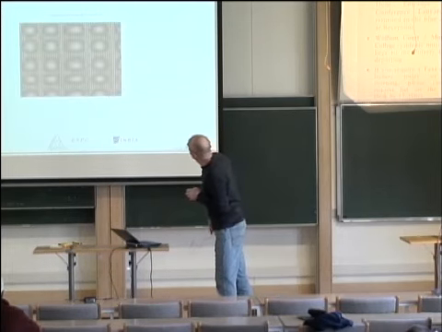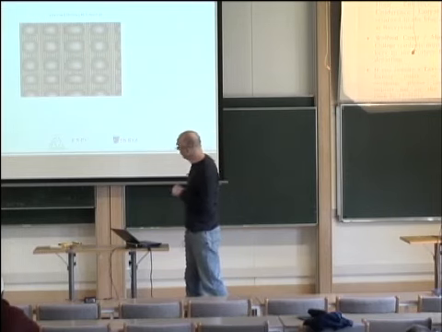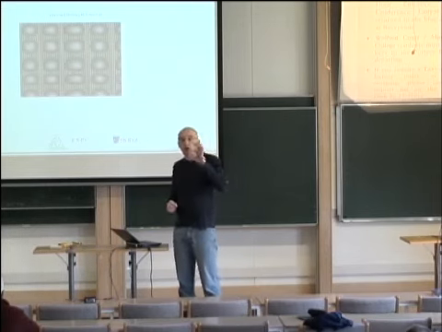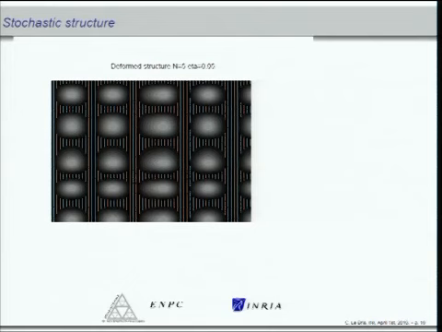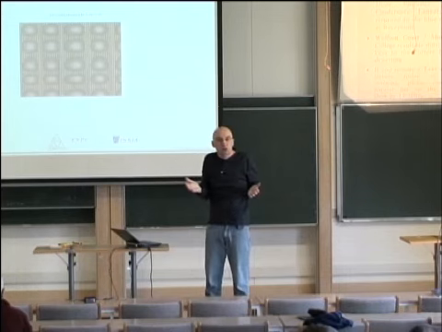Okay, so let me skip on that and show you one picture. So I hope this shows. So what I do here is typically the following thing. I have circles inside squares. So that's my reference configuration. And now I deform these circles, which means that sometimes I elongate them or I squeeze them or whatever in a random way. So if you look at this, you see, okay, it's not far from being a periodic structure.